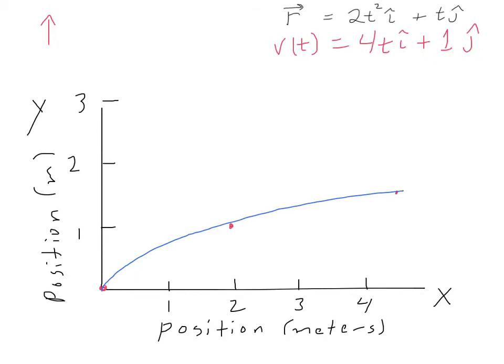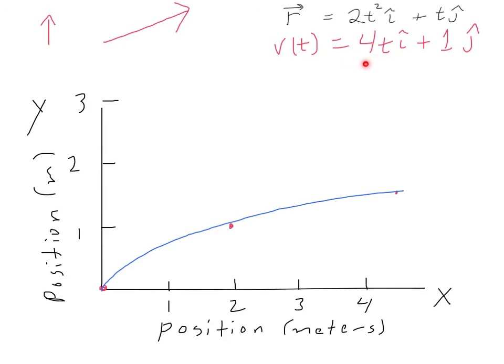The j component will be still 1 meter per second up. So at 1 second, the velocity in 2 dimensions will be 4 meters per second in the x direction and 1 meter per second in the y direction, so it'll go up sort of at an angle, like this.